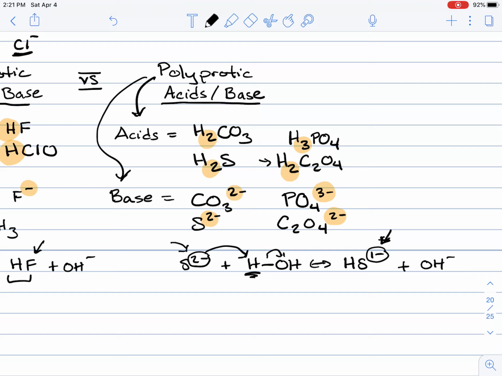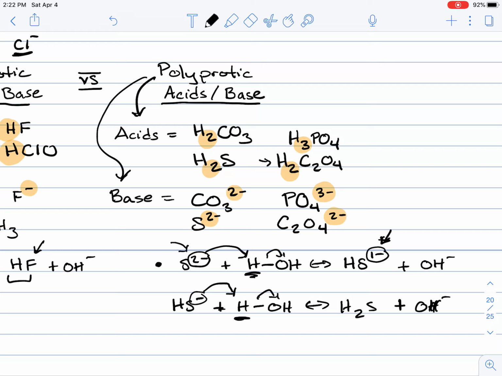And so HS-, with a negative charge, can swim around the solution, find another water solvent, and then donate that extra electron pair to a hydrogen from this water molecule, ionizing it to form H2S, or hydrosulfuric acid, and we get another hydroxide.